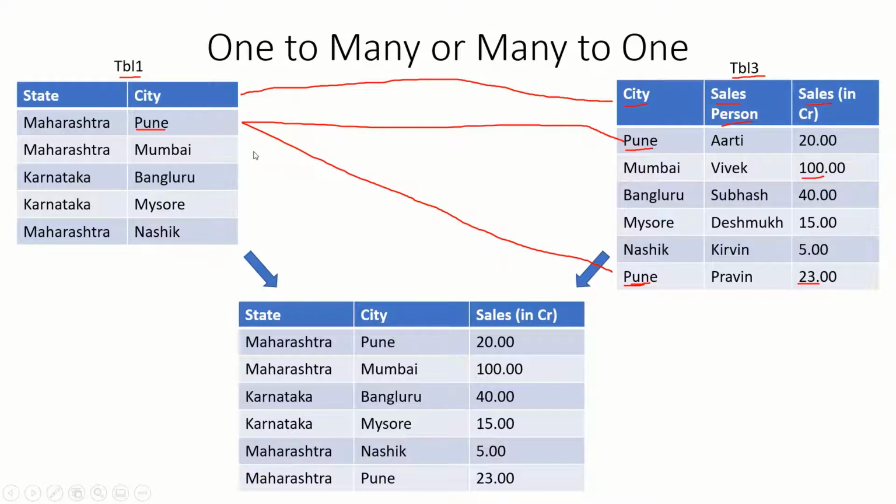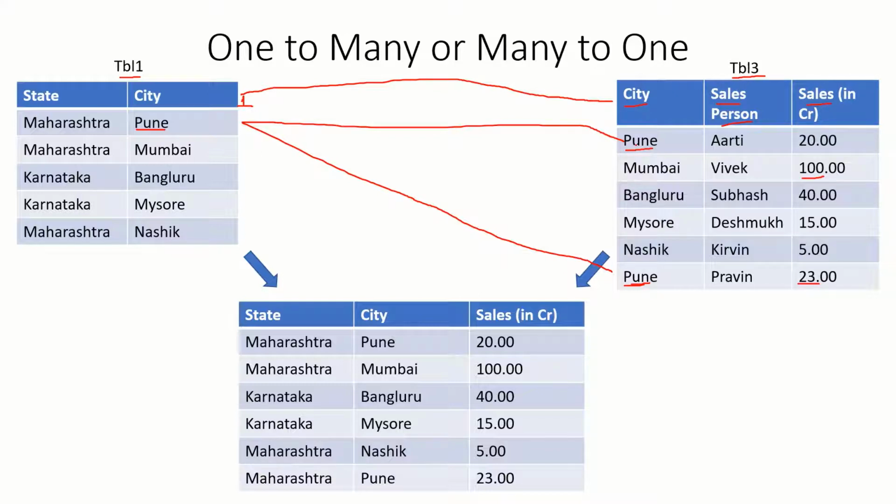Since this is the scenario, we term this particular relation as 1 to many.